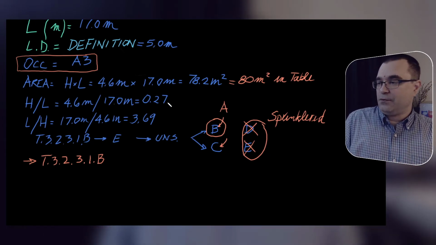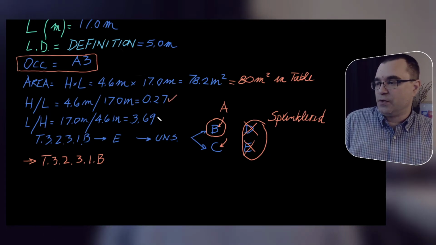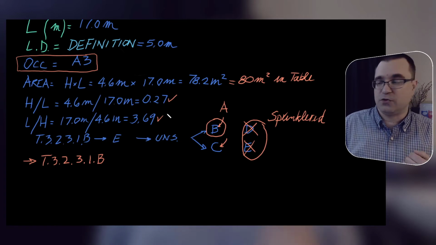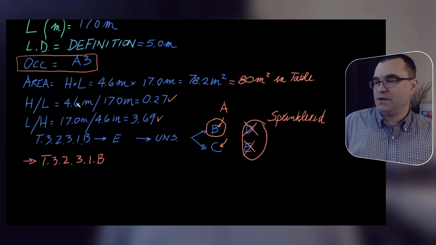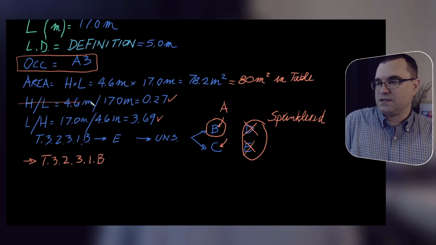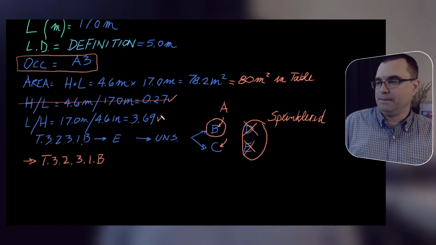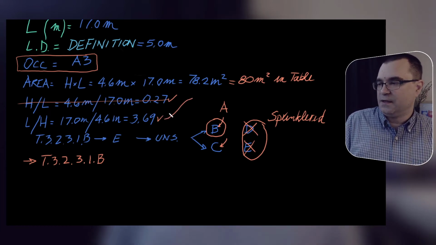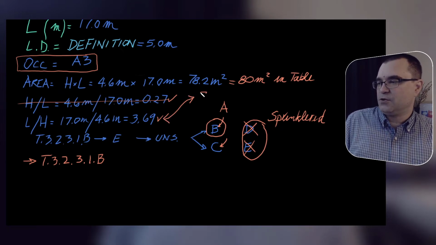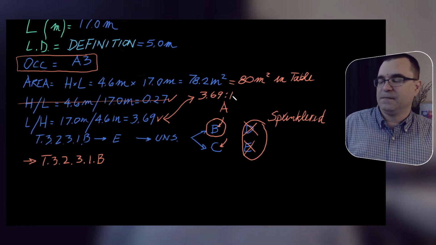Well, what about now these two ratios? Which one do we use? First of all, we calculated 2. We always use the larger one. Okay? So not this one, because it's the smaller one of the two. You want to use the larger one. Now, the way that this ratio works, I'm just going to write it here. 3.69 is the same as writing 3.69 to 1 as a ratio.